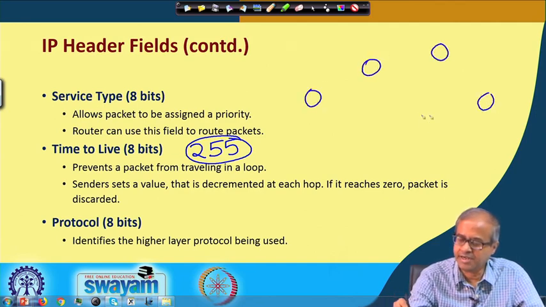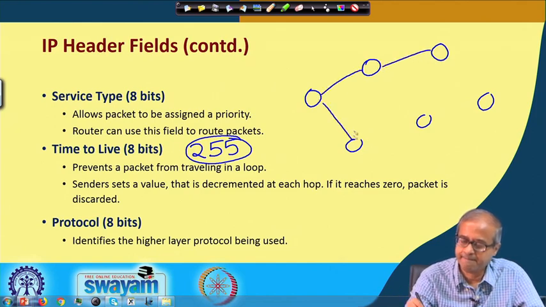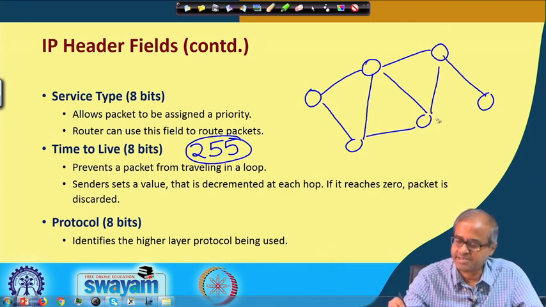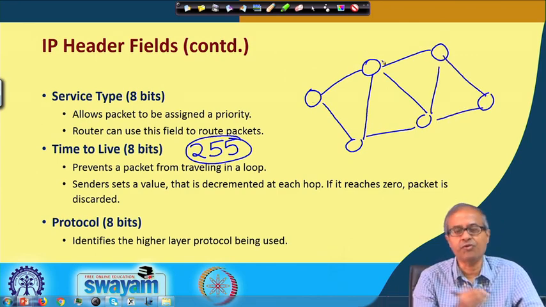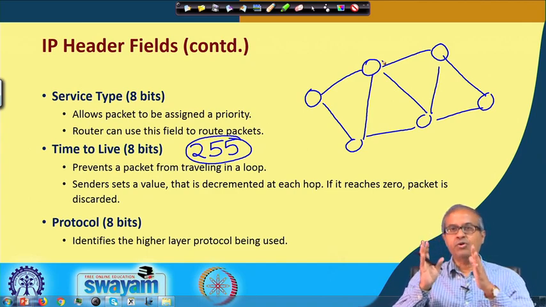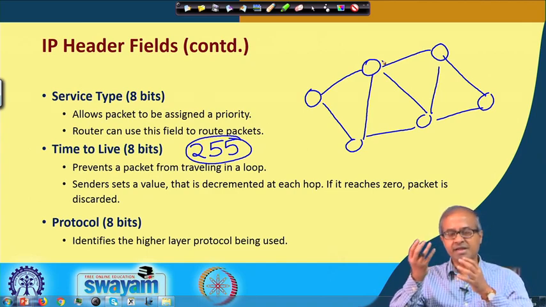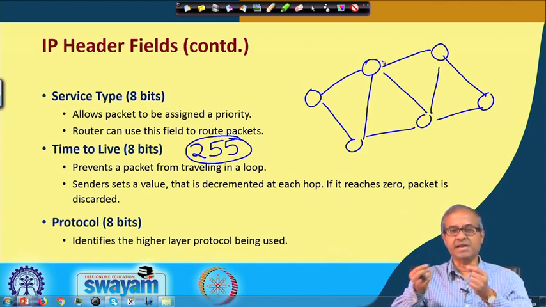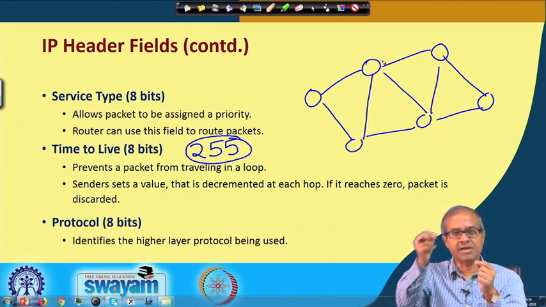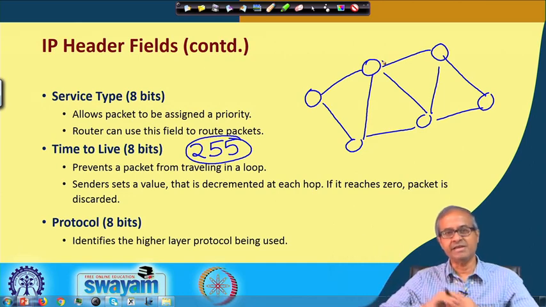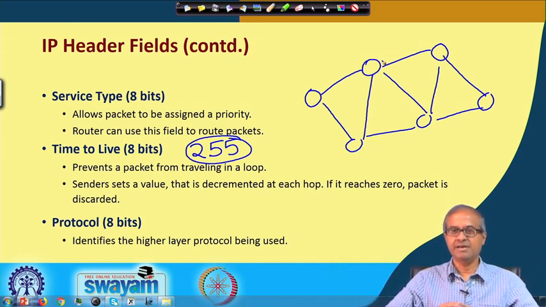These are all intermediate nodes, these are the routers, let us say. These IP packets will flow from one node to the other. Now, normally what do you expect? That you will be giving the destination address, and you would expect that the packet will be forwarded in the right direction and will finally reach the destination.